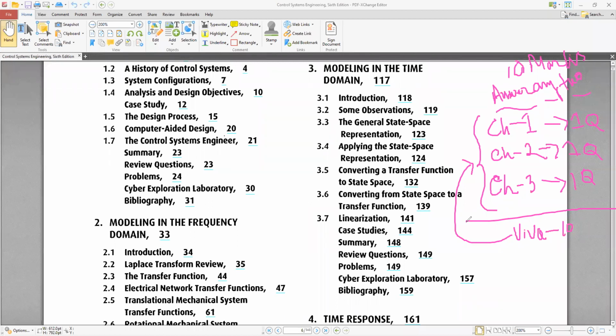So keep in mind that in the viva you have to take care of this. So that is my suggestion on how you should take preparation to complete the things.